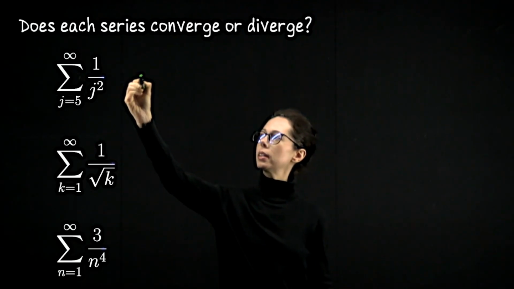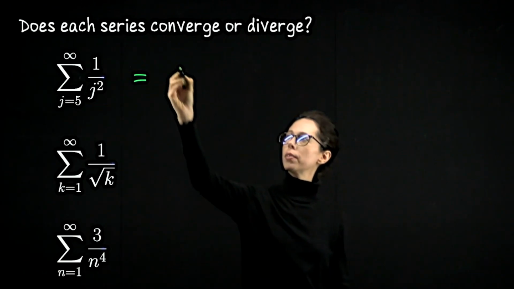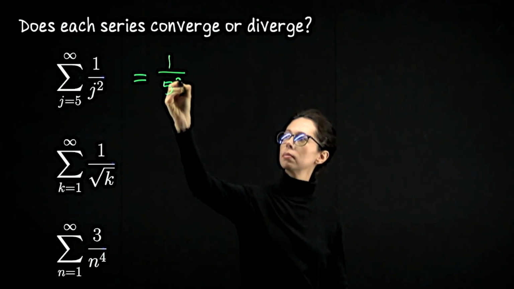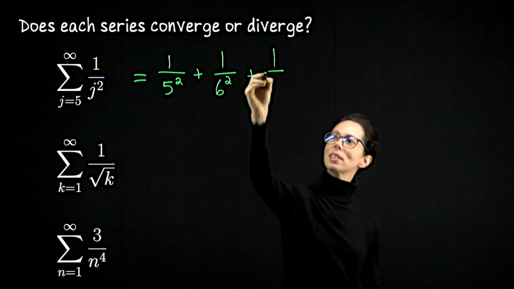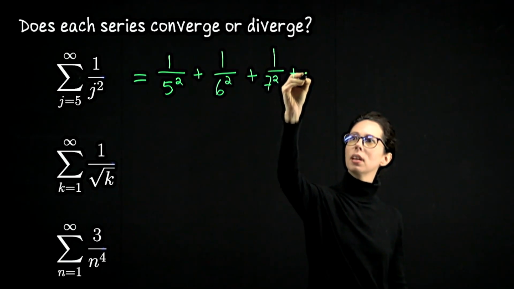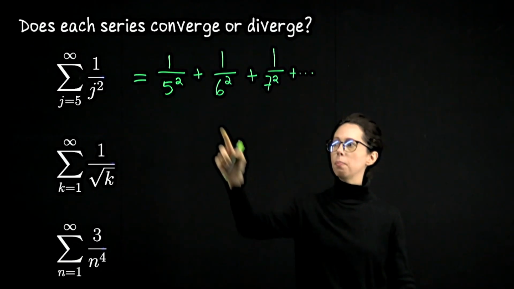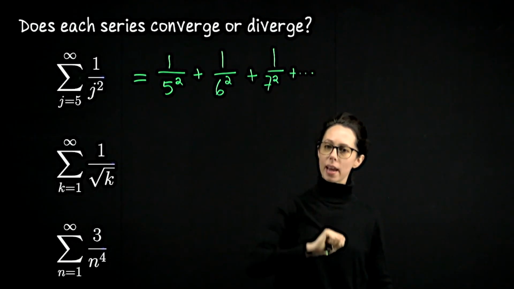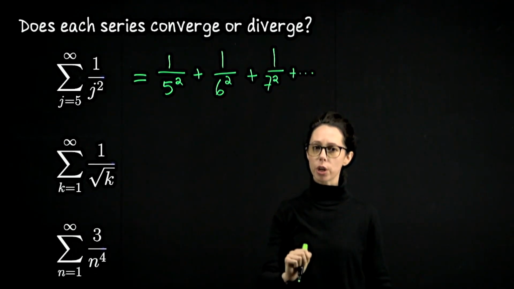So this series, if I start to expand it, it's going to look like 1 over 5 squared plus 1 over 6 squared plus 1 over 7 squared, and we continue that forever. So notice here that the base corresponds to the index going from j equals 5 off to infinity. So that's what's changing with every new term in the series.